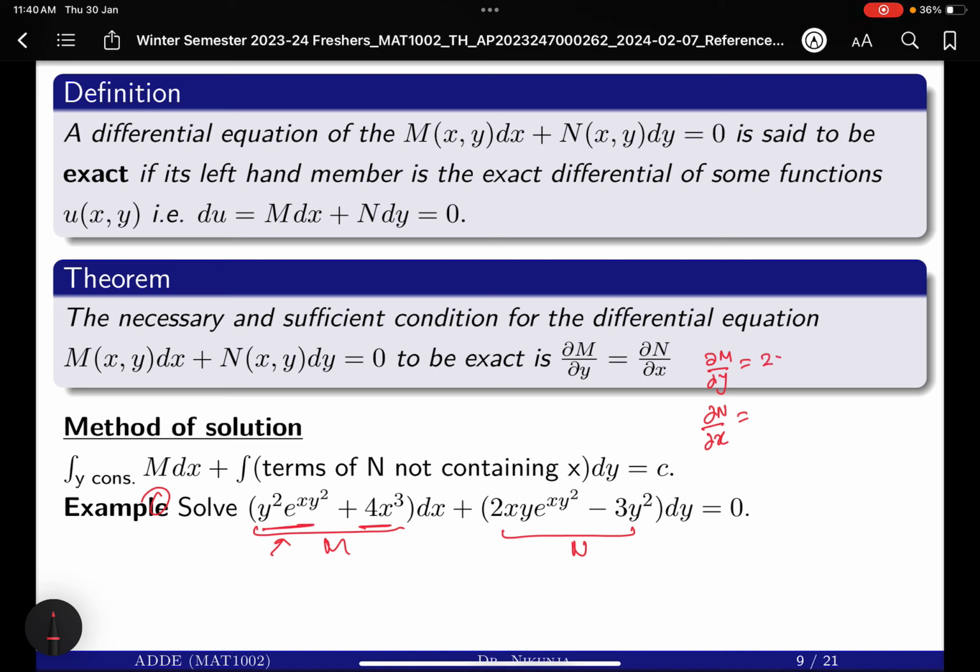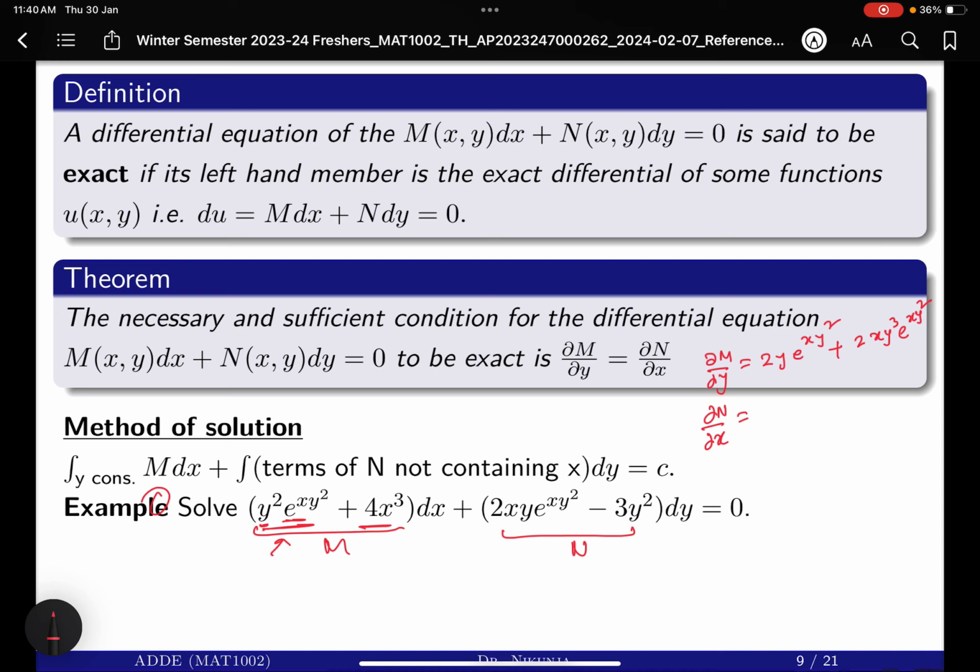So basically you will be getting 2y e power x y square plus y square as it is, then the partial derivative of this e power x y square. Here the chain rule you can apply, so you will be getting 2xy cube e power xy square. You can verify this.